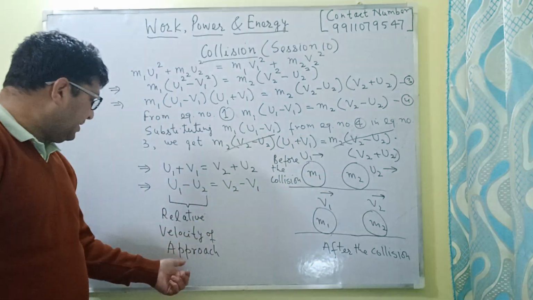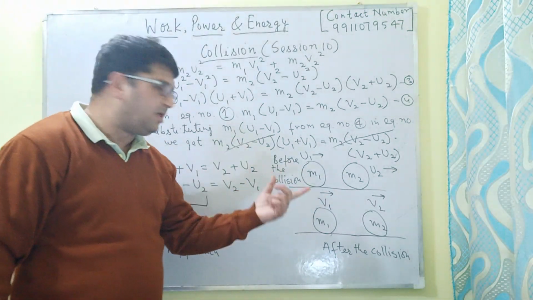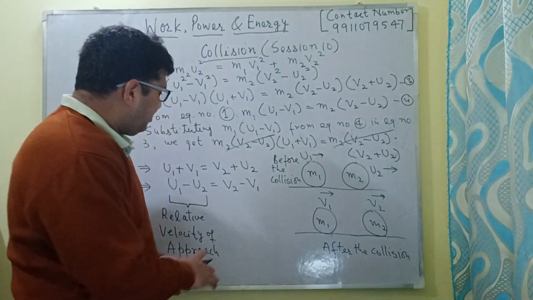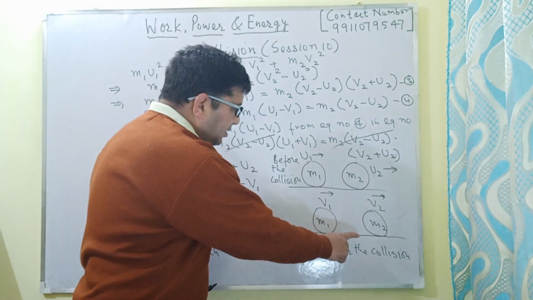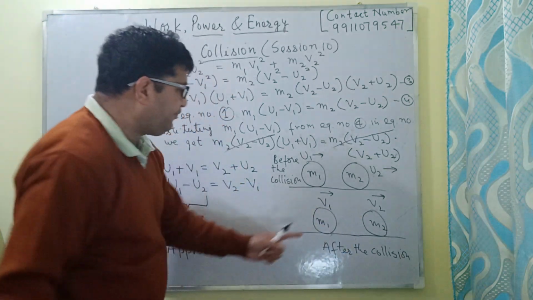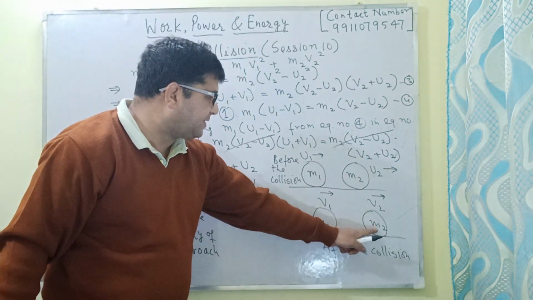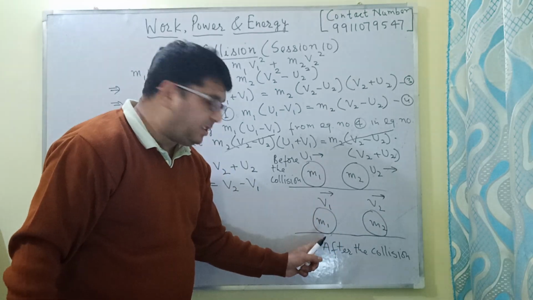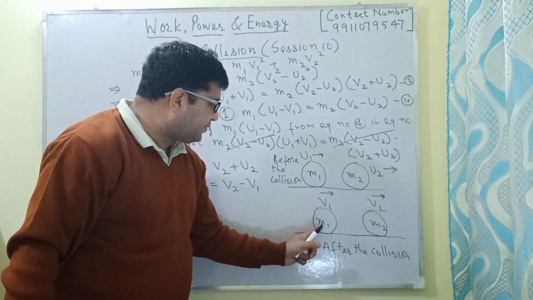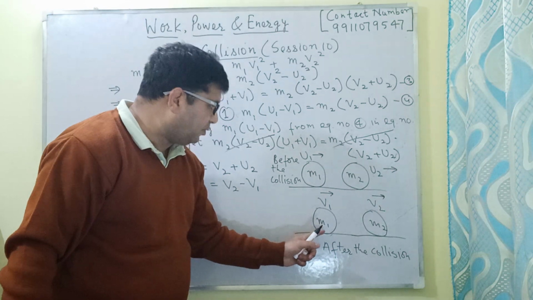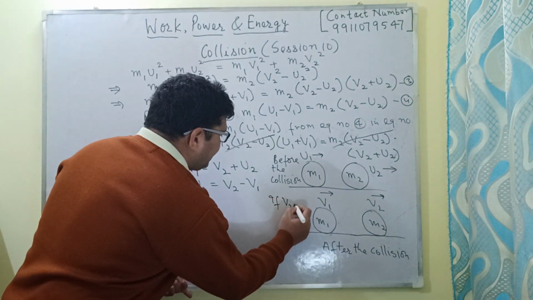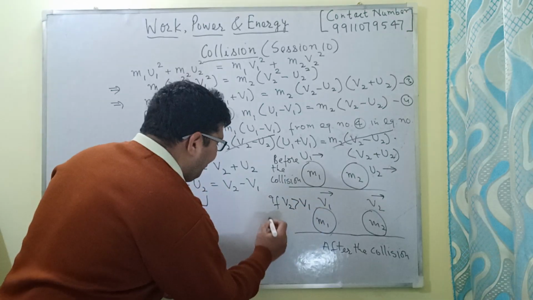That is, this is the relative velocity of approach before the collision. And what is v2 minus v1? See, if the velocity of the body of mass m2 is more than the velocity of the body of mass m1, that is, if v2 is greater than v1, then what will happen?